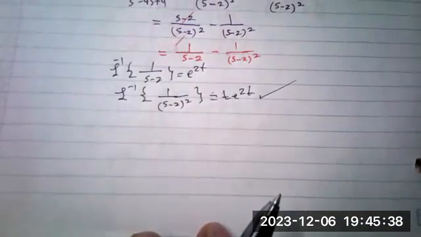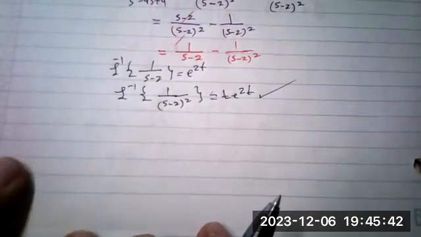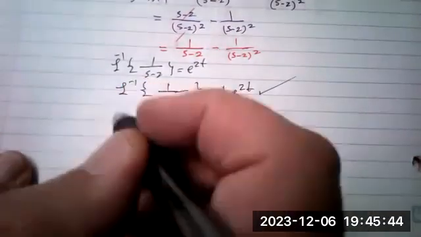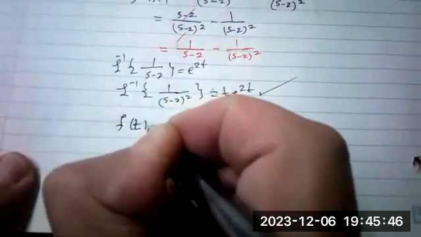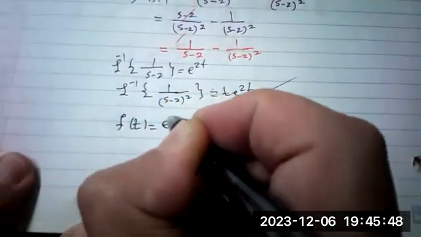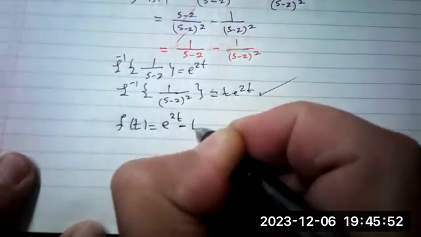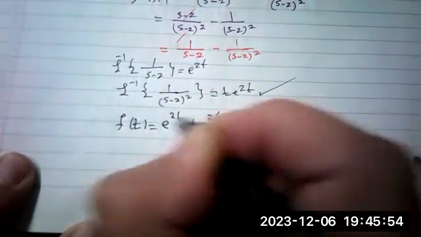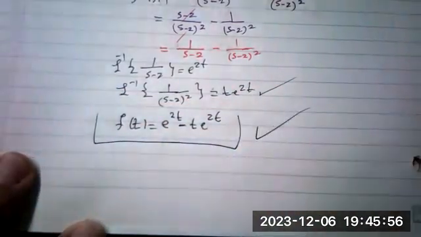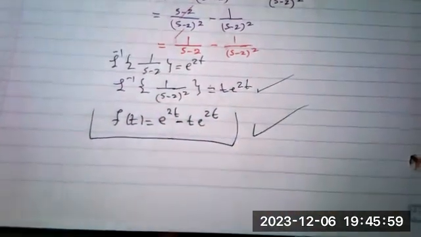Otherwise, those powers would be complicated. So it's nice to know. We put them together, and eventually we find the solution of the equation. So f of t is equal to e to the 2t minus t e to the 2t. Exactly, if you solve the equation, you will get the same one.